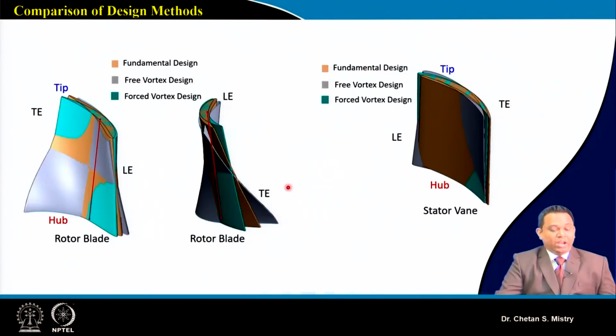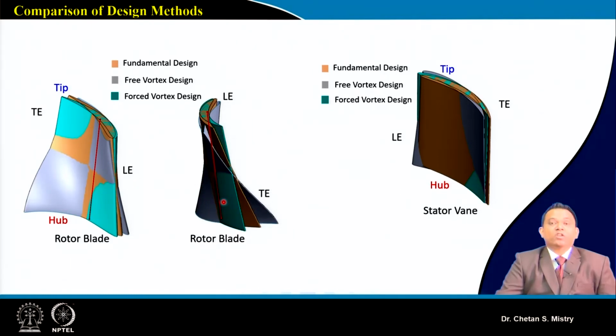Let's look at what is happening when we compare these three methods. Here we get an idea about the fundamental method, free vortex method and forced vortex method. Just look, this is representing my forced vortex.